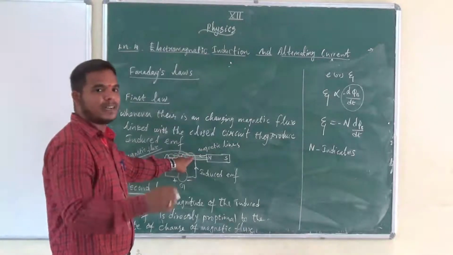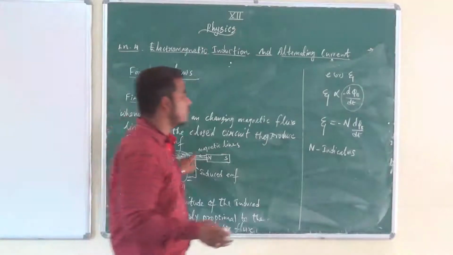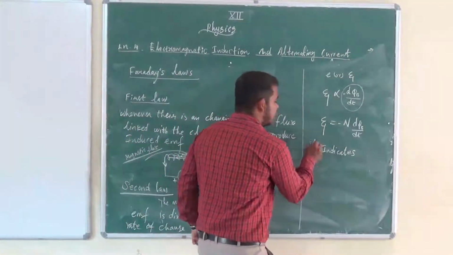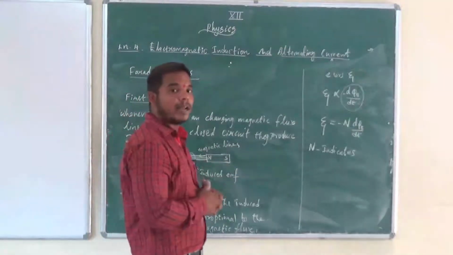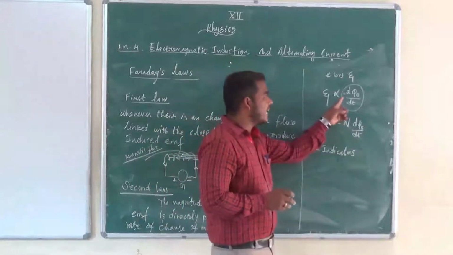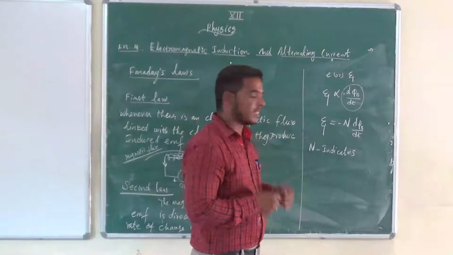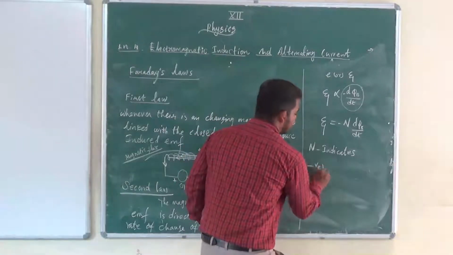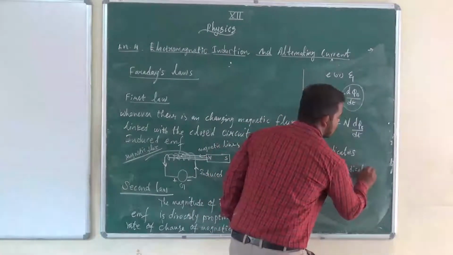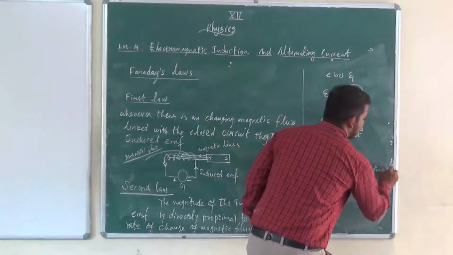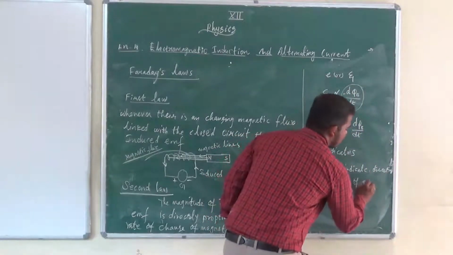We don't know whether it is 10 or 20 or 30 or 500 or 5000 or 20,000, that's why we use N. Here N indicates the coil containing number of turns, and the negative sign indicates the direction of flow of induced current.